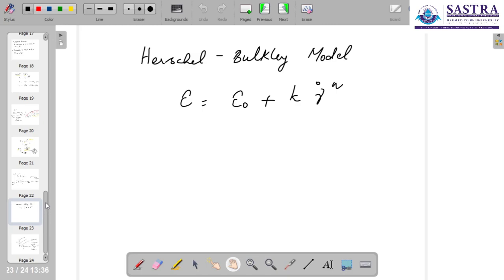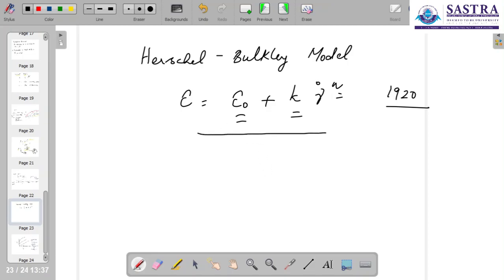We not only have these two models, we also have a combination of these two models as long as it is observed. And one such is the Herschel-Bulkley model. This is as old as about, I think, the 1920s. I suppose it is formulated from experiments, where you can see a combination of a yield stress and also the flow behavior and the consistency index.